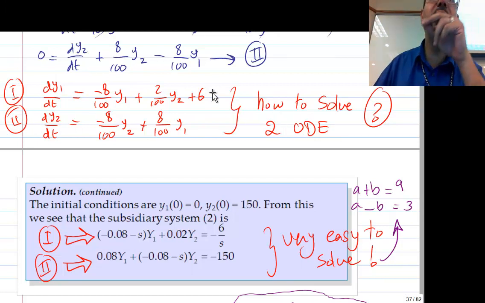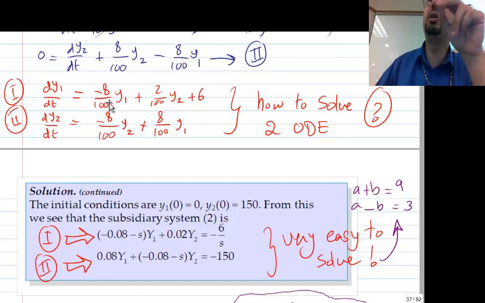So the first step is to take this equation to the S domain, meaning each term needs to be turned into the S domain. For example, 6 becomes 6 over S. Then 0.02 multiplied by y2.